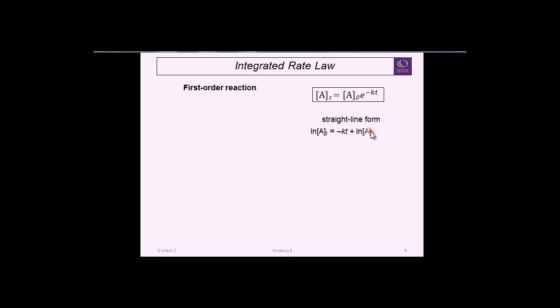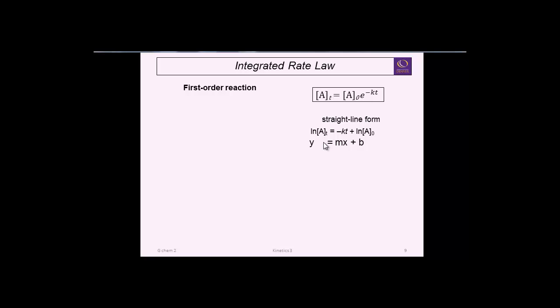And so when I bring that back over to the other side, I would basically have b plus, and if I take the log of e to the minus kt, that minus kt should come down, and that's what happened here. So you can review your log video and see some of these algebra moves that we've done here to rearrange this into a straight line form, y equals mx plus b.